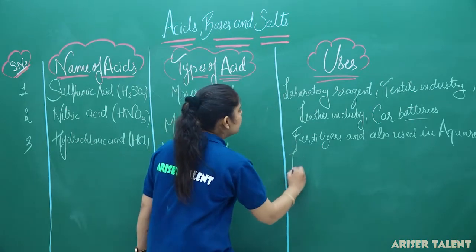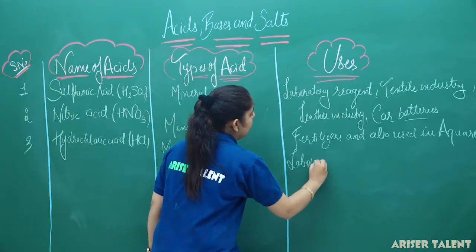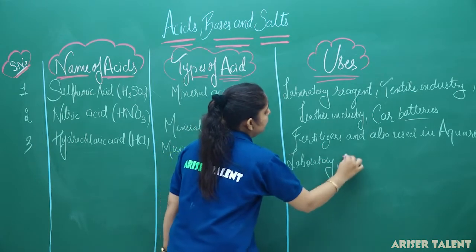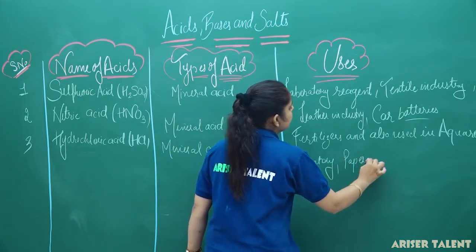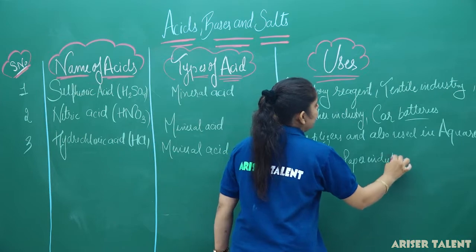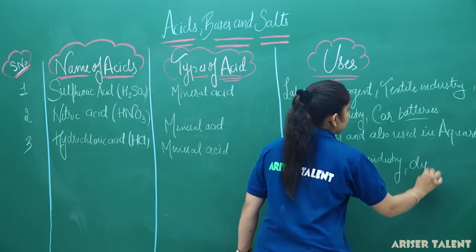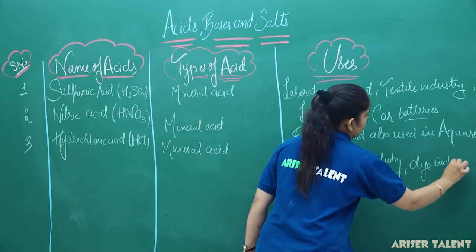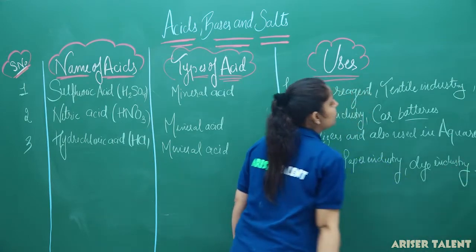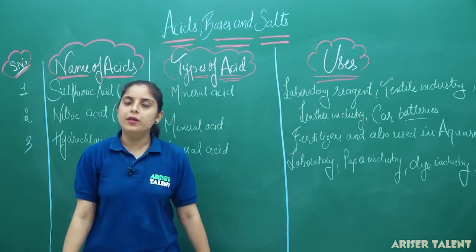So it is used in the laboratory, in the paper industry, and also in the dye industry. Paper and dye industries make much use of hydrochloric acid.